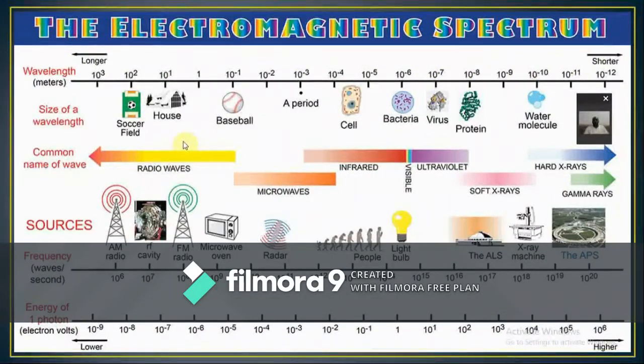So we see the waves that make up the electromagnetic spectrum. And we have the radio waves, which are used for radio communications, like AM radio, FM radio, and radio frequency cavities. We have the microwave, which is used of course in microwave ovens and radar.